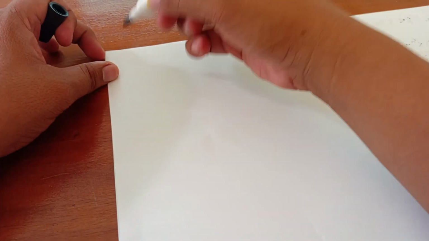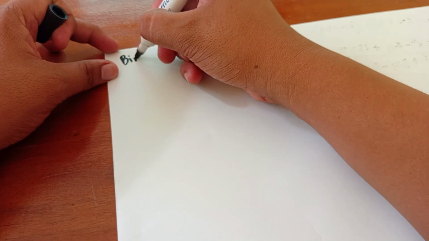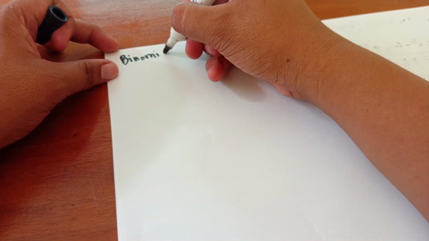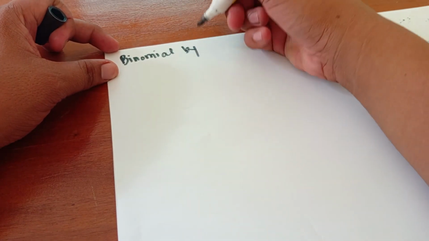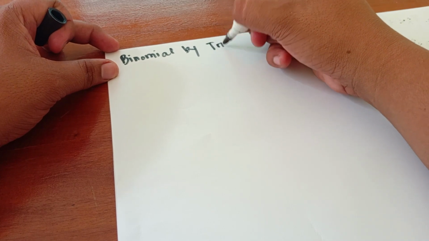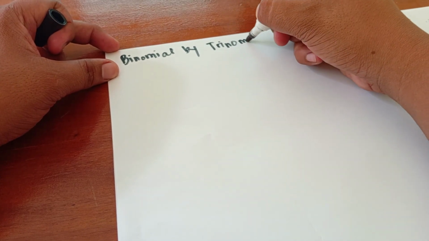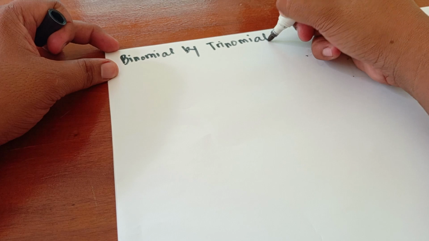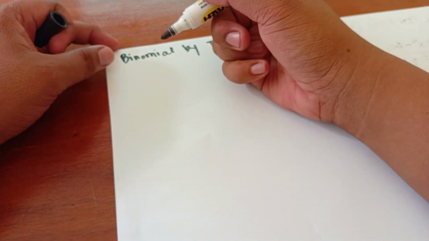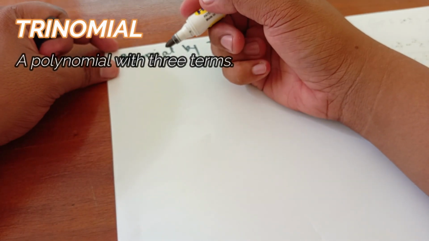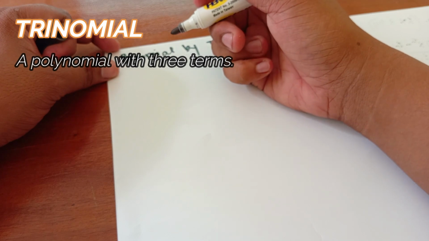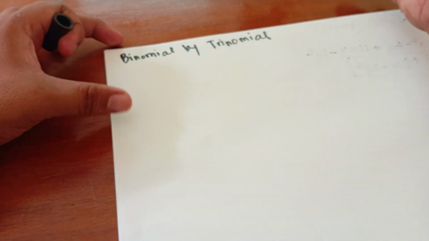How about we multiply a binomial by a trinomial? A trinomial is a three-term polynomial, meaning that the polynomial has three terms.